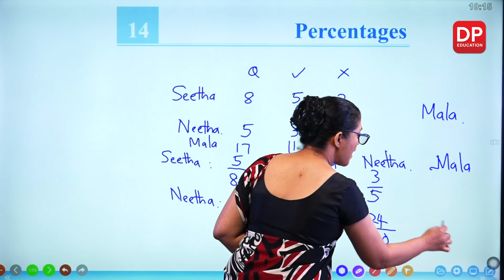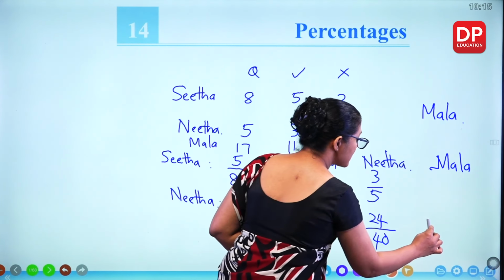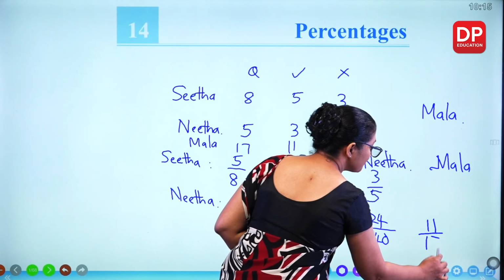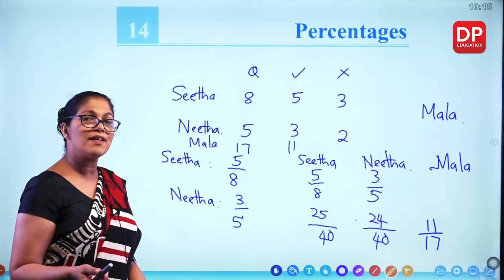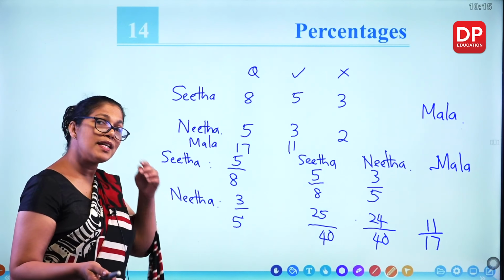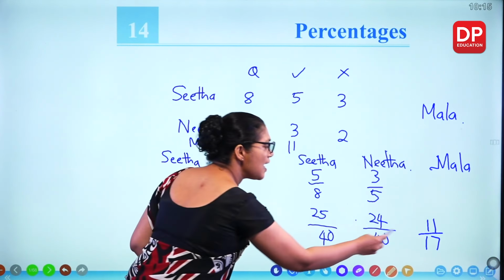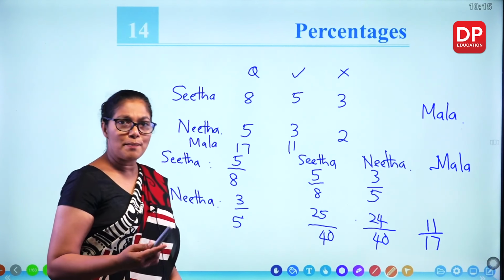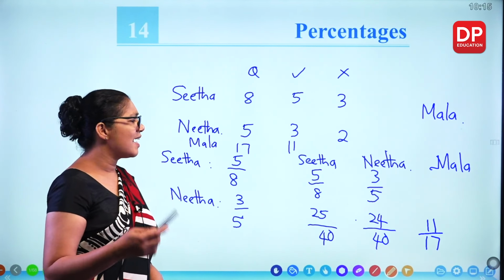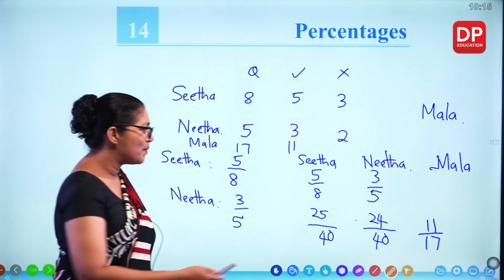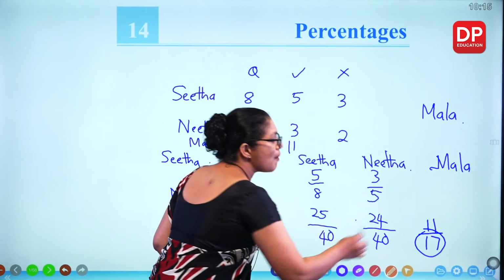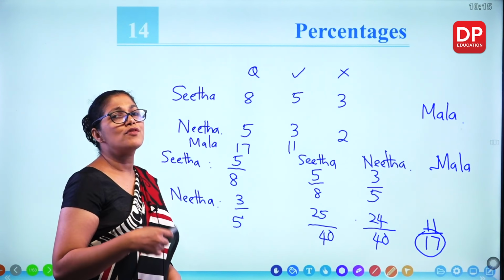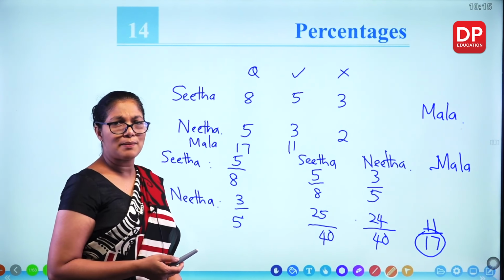How can we find out which person is the best? Again, 40 and 17 are different denominators, we need to convert to the same lowest common multiple. Then it will get complicated, because when the number of questions are different, you have to take the lowest common multiple.